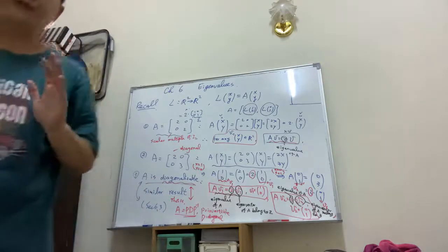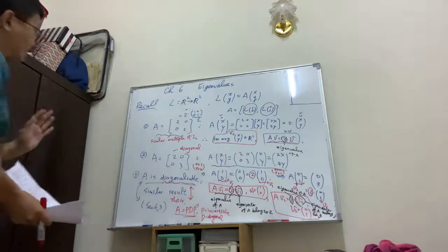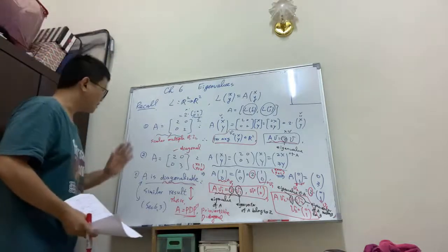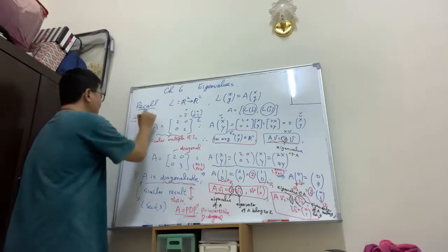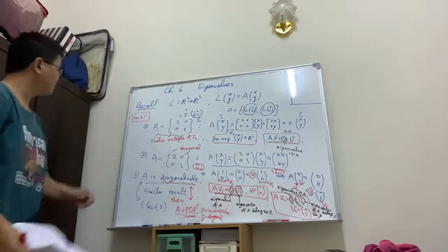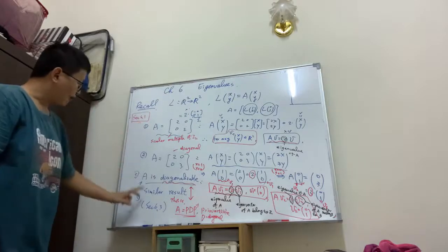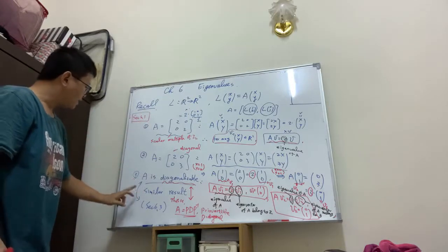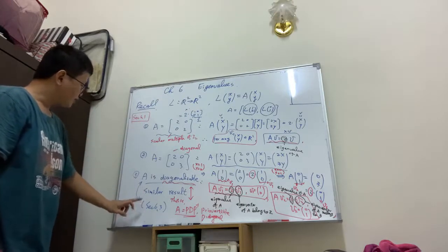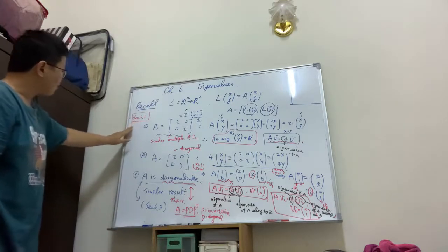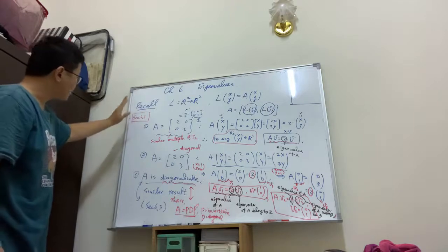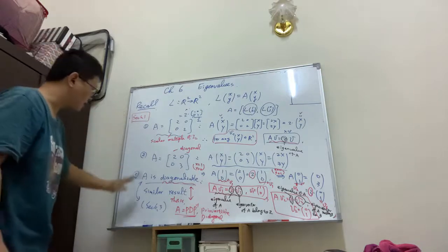In chapter 6, at least you should know the result in section 6.1. Now we will talk about the eigenvalue and eigenvector in section 6.1, and diagonalizable matrix A in section 6.3. First of all, we will talk about the material in section 6.1 and section 6.3.